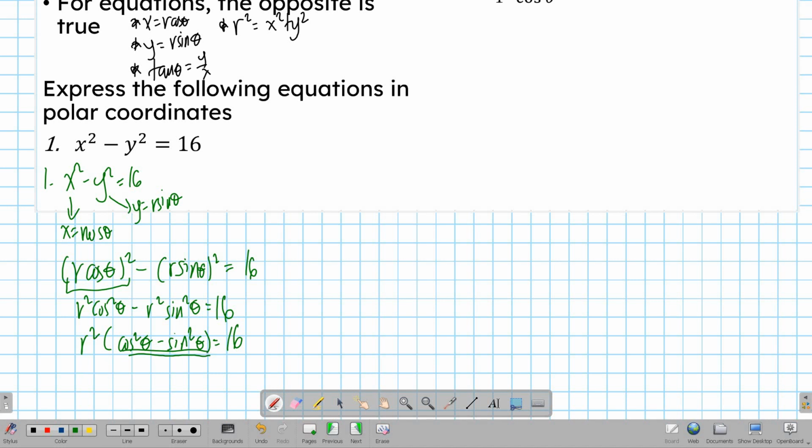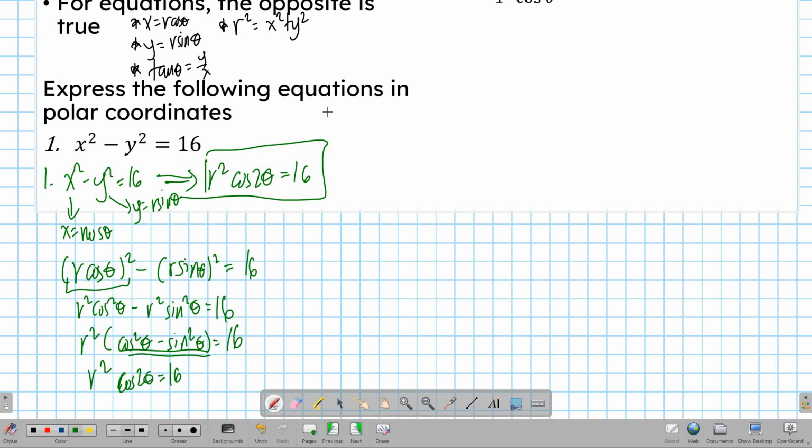Therefore, this becomes r squared cosine 2 theta equals 16. So the polar form of this Cartesian equation is r squared cosine 2 theta equals 16.